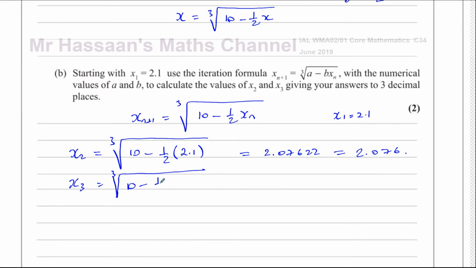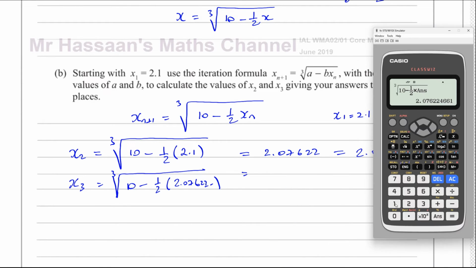Okay, 10 minus a half times 2.07622. You're going to put the more accurate version in, but you don't have to worry about that because all you've got to do now is press equals. Why? Because now this is the new answer in our calculator. So when you press equals, it puts this back into the equation and gives us a value that's even more accurate. So it's 2.077143.